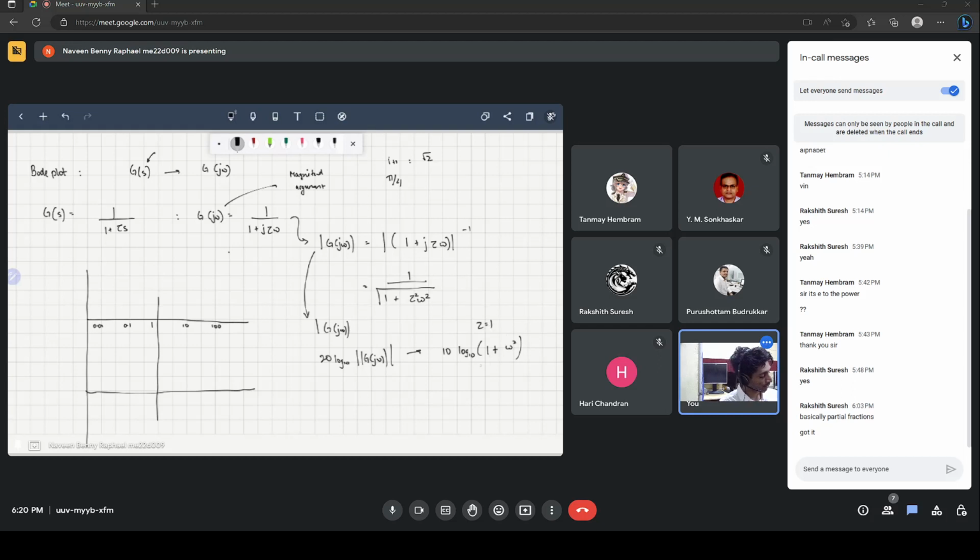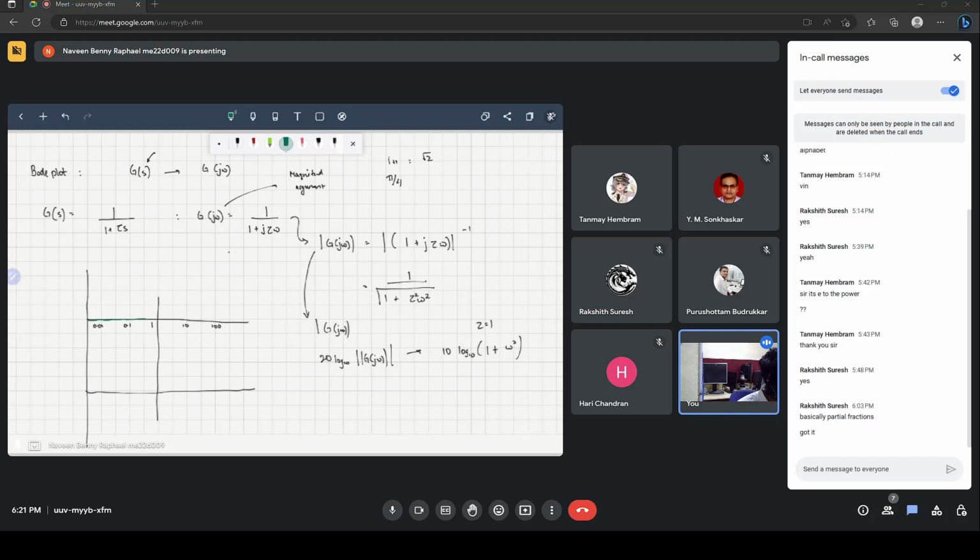So if you take a small value of omega, that is, as it tends to 0, we have this tending to 0, because we have 10 log 10 of 1 plus a really small number, which is 10 log 10 of 1. Log of 1 is 0. So our plot will be very close to 0.